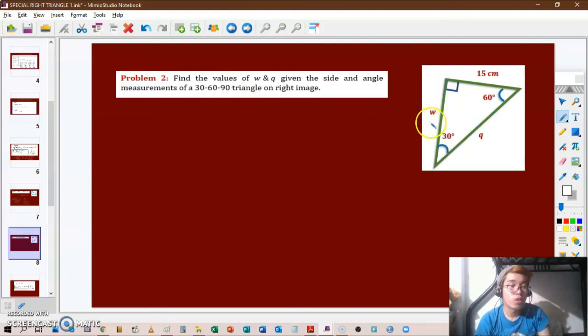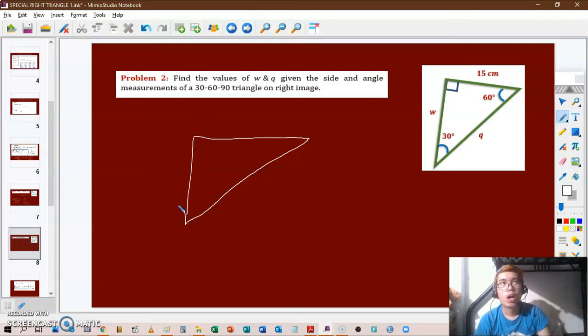We need to find the values of W and Q for the image that we have here. Again, this problem is really centered on the most important thing we have to focus on here, which is the relative position of the angles. If we have the 90-degree angle here, this must be the hypotenuse.